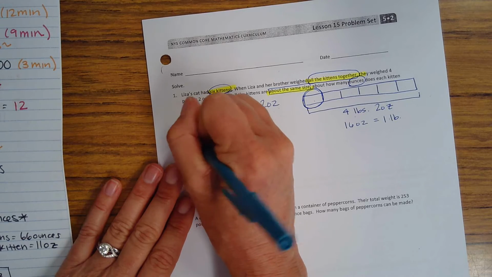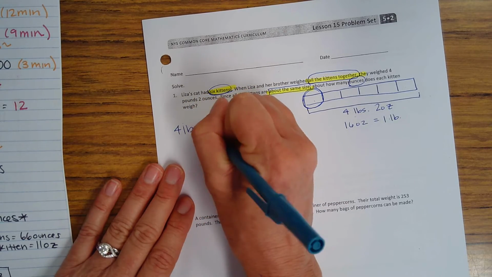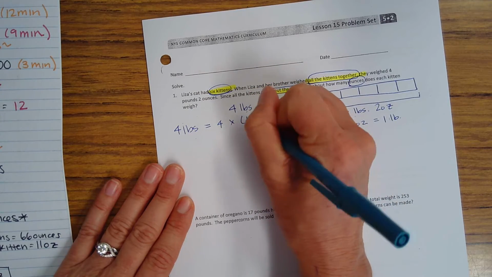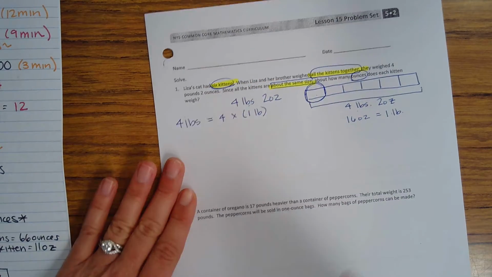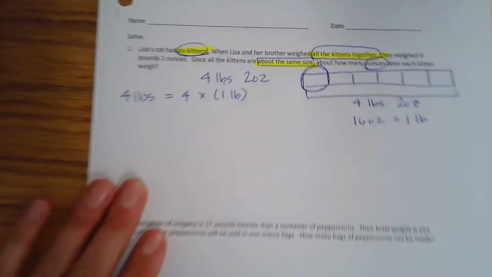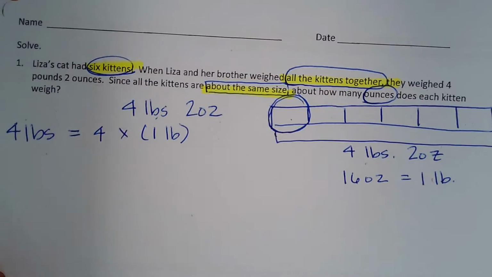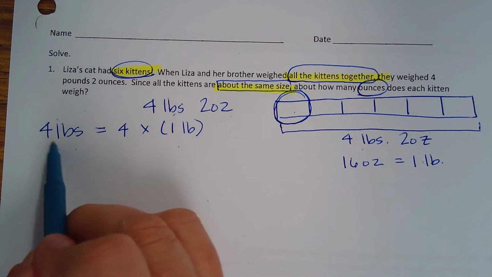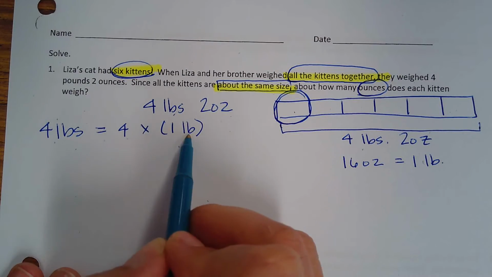So 4 pounds is equal to 4 times 1 pound, because remember, we're always going to use the same structure every time, the same formula. We're going to line it up. 4 pounds is equal to 4 times 1 pound.